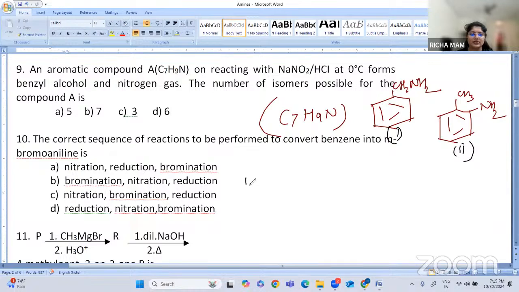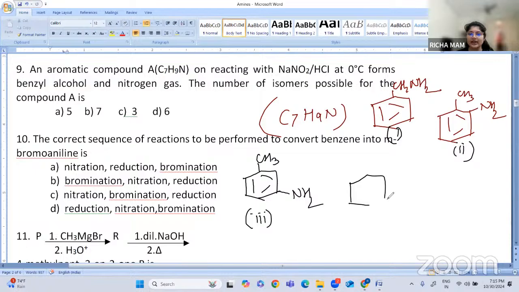Then I can take CH3 and put the NH2 at another position, the third possibility. Fourth, I can take CH3 and the para position NH2. So this is your fourth. And the fifth I can take NHCH3.